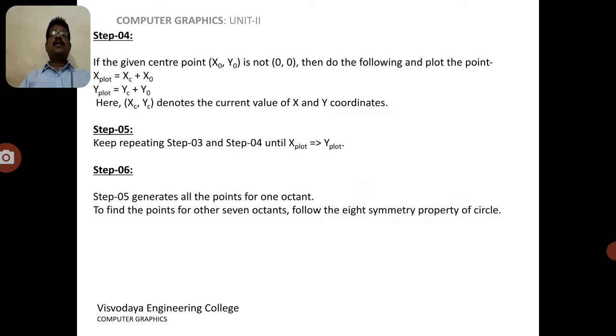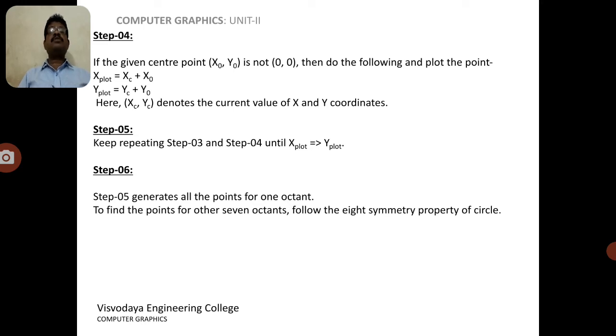Now the x plot value equals xc plus x0 and the y plot value equals yc plus y0. These two values are the plot points, which depend on the next parameter. Here xc and yc denote the current values of the x and y coordinates, which are assigned to the x plot and y plot values. Now coming to the important one: how many coordinates we define is a major issue in the circle drawing algorithm.